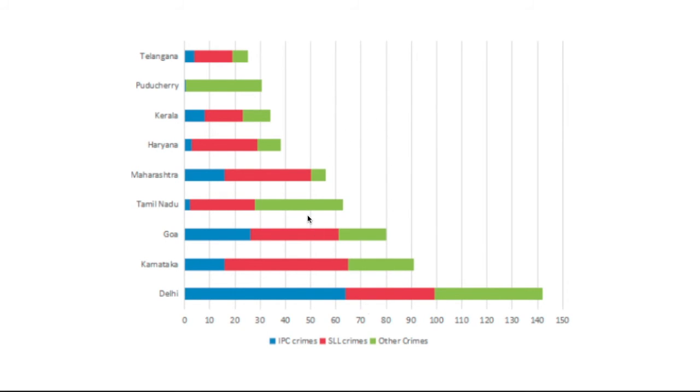Then from the chart you can see Karnataka is 2, and then let us count. Here Goa is 1, 2, 3, 30, and 34 maybe. 34 or 35. Okay, here it is 1, 2, 3, 34. Maharashtra and Goa both have 34.